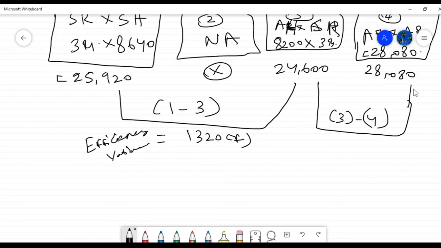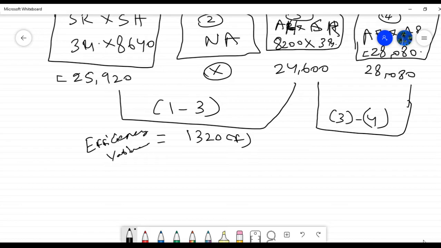Is it favorable or adverse? 24,600 is my standard cost of actual labor, but actually how much did I spend? 28,080. I spent extra. That is my rate variance, because 3 rupees is my standard rate but the actual rate might be higher, so I am spending extra. So 3,480 is adverse.